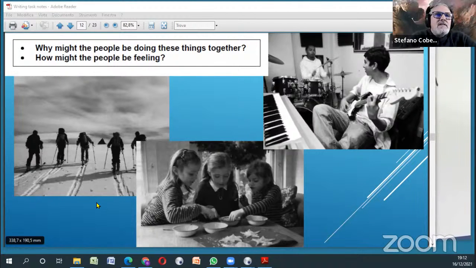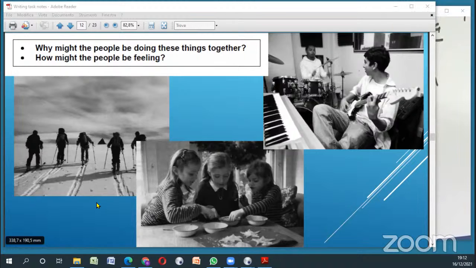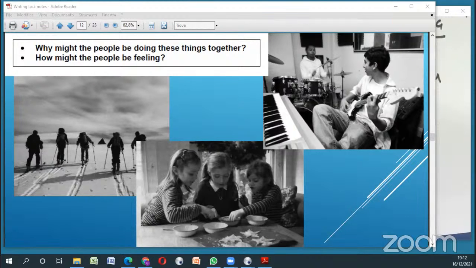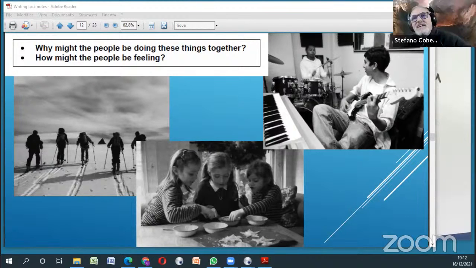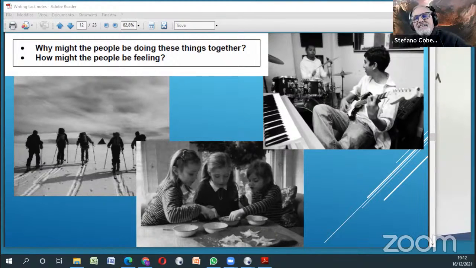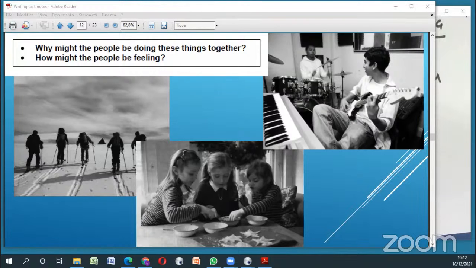On the other photo we can see three small girls that are preparing some cookies and biscuits. Maybe it is Christmas time. Yeah, I was just looking at that because you can see there's a star and this is actually a tree shape, a Christmas tree shape. And these are stars. And there's also a Christmas wreath here as well.